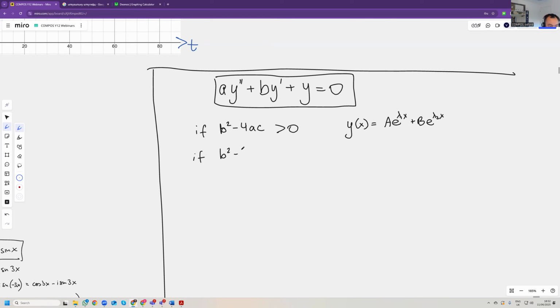If b squared minus 4ac is equal to 0, then y of x is (ax plus b) e to the lambda x.